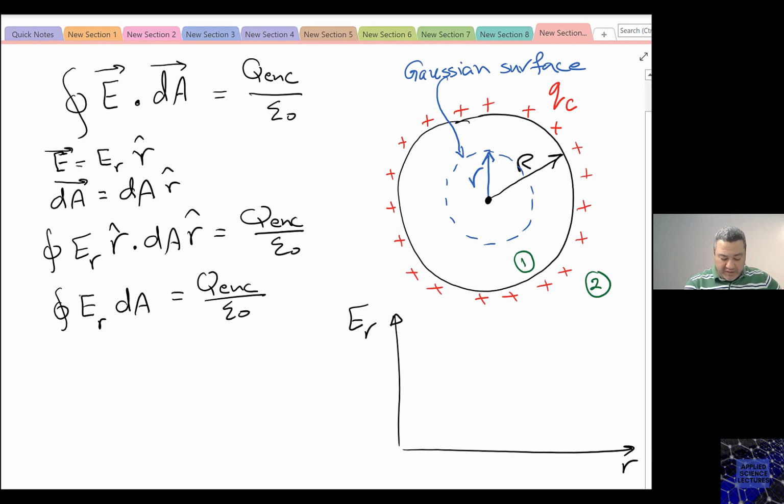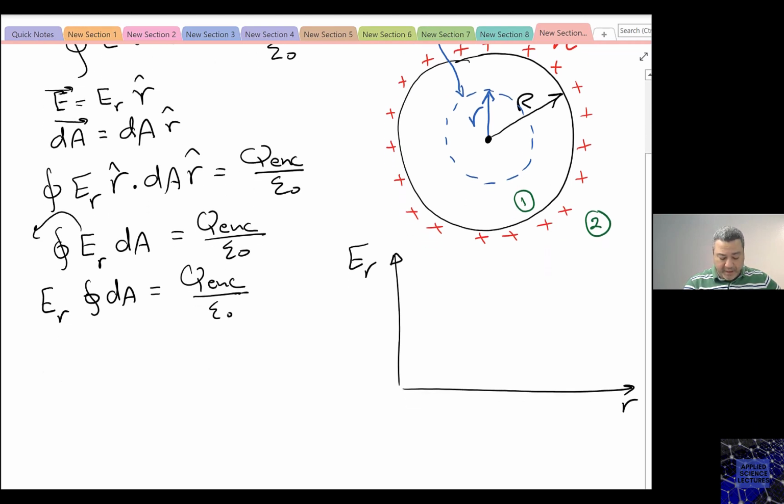That would be the relationship. E_r can go outside the integral because the electric field is uniform, so E_r times the integration of dA equals Q enclosed divided by epsilon naught.